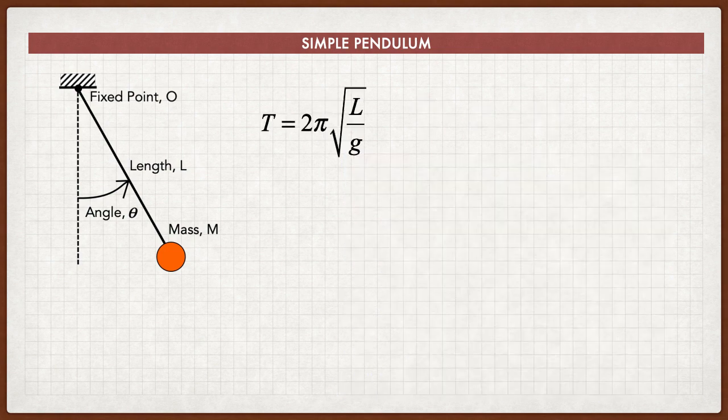According to theory, the period of the pendulum is proportional to the square root of length over gravitational constant.